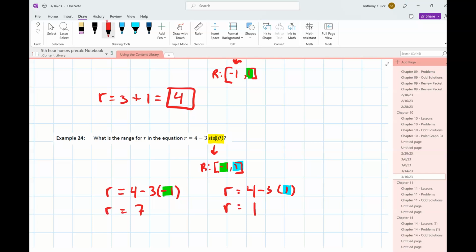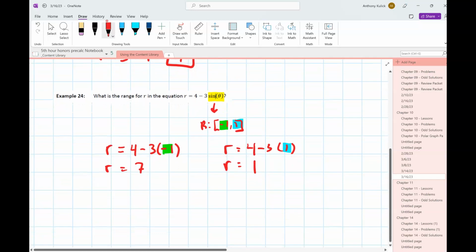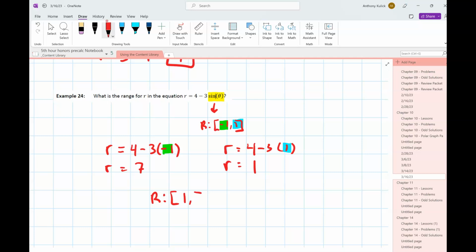And I do this one, I get 1. So the range for r would be 1 to 7. Feels pretty straightforward. Yeah, I think so too.